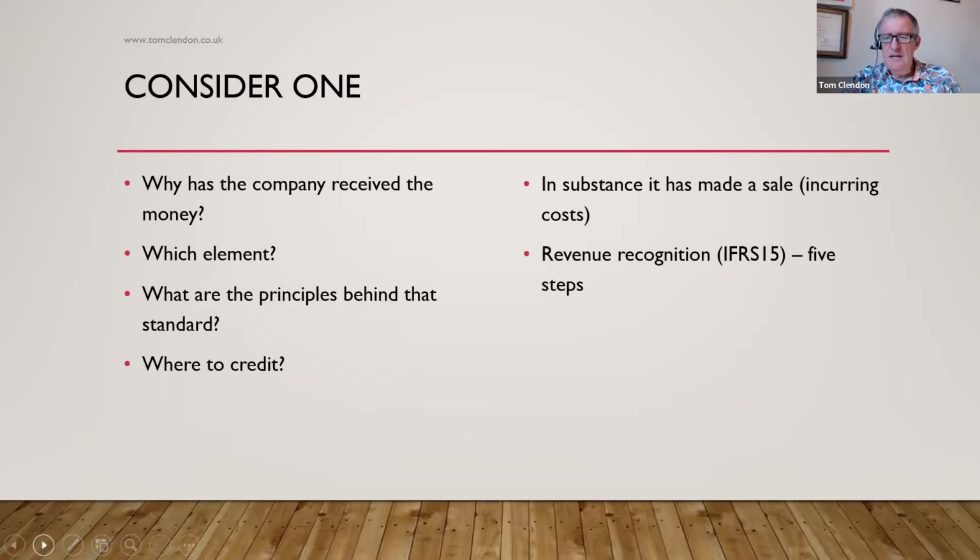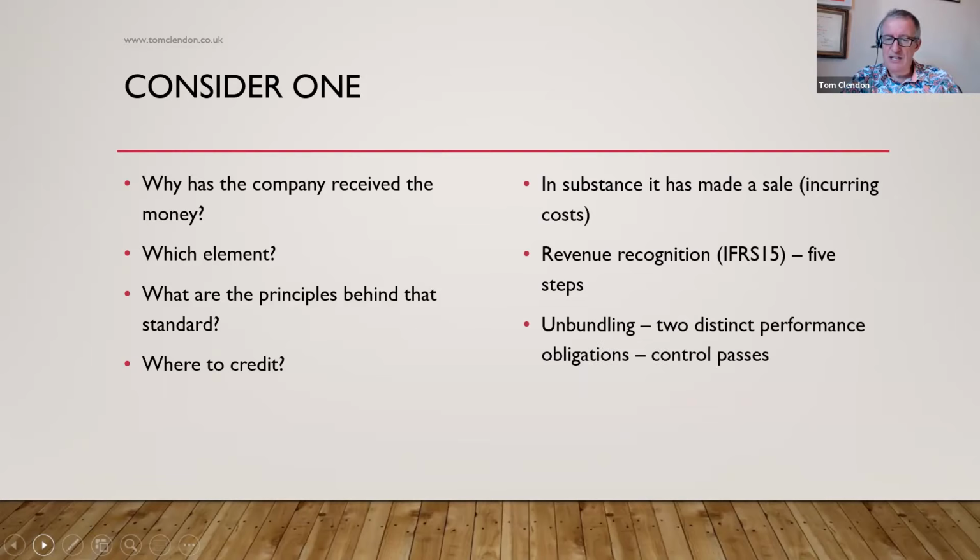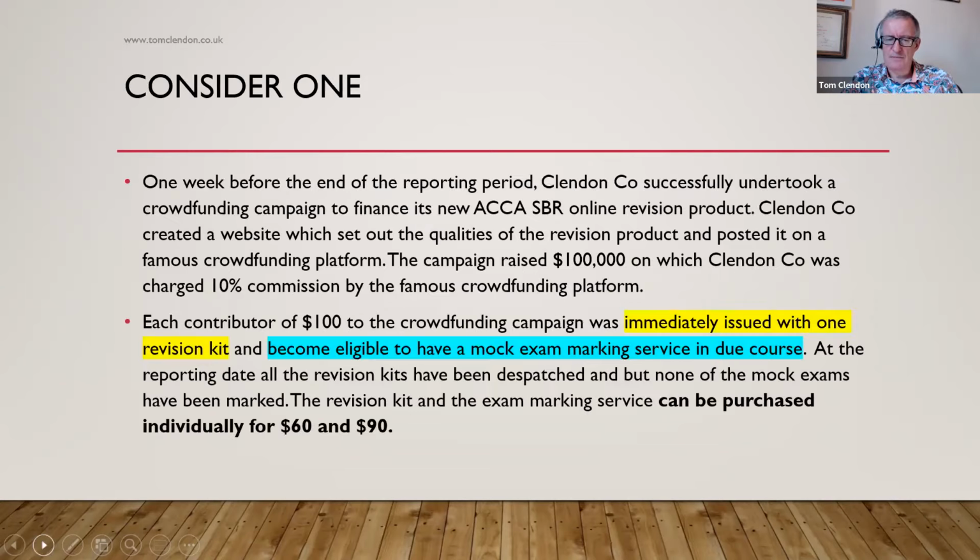And the reason we've got the money is because we've made a sale and we've incurred some costs in making the sale. And so this now moves away from being crowdfunding and moves into a revenue recognition issue. And what you've got happening is an unbundling, because you've got two distinct performance obligations.